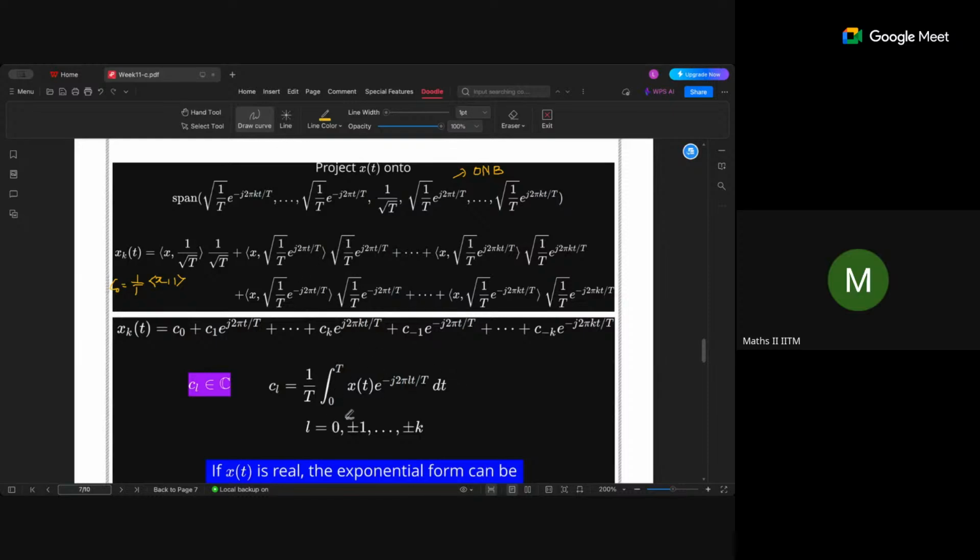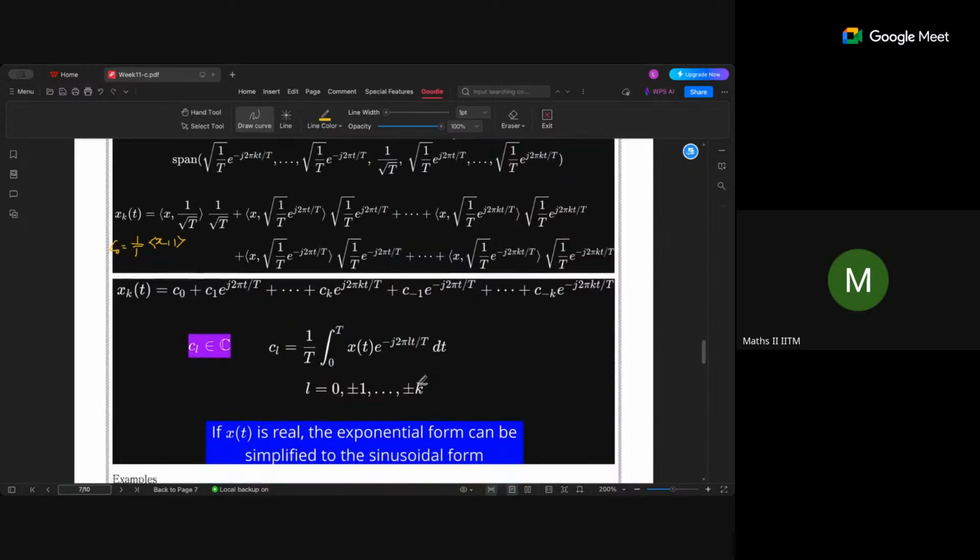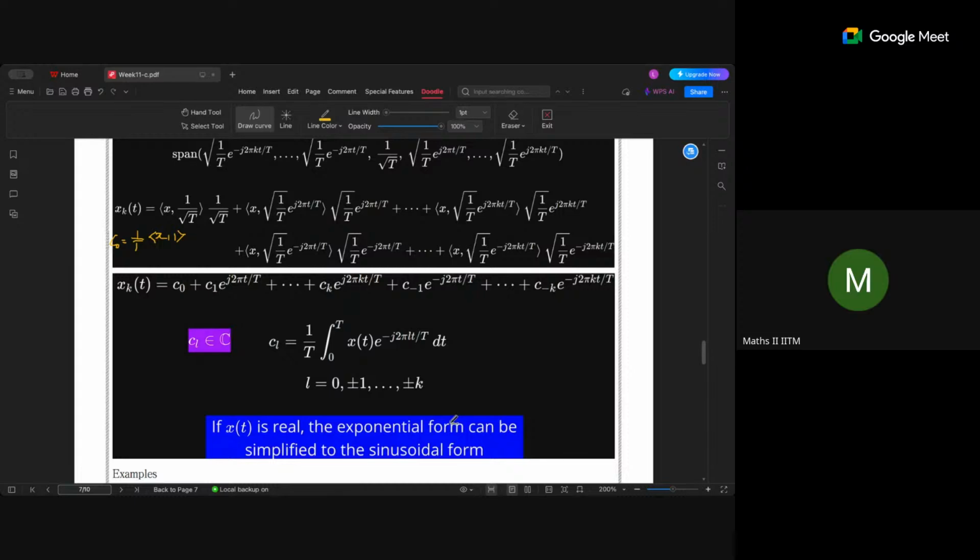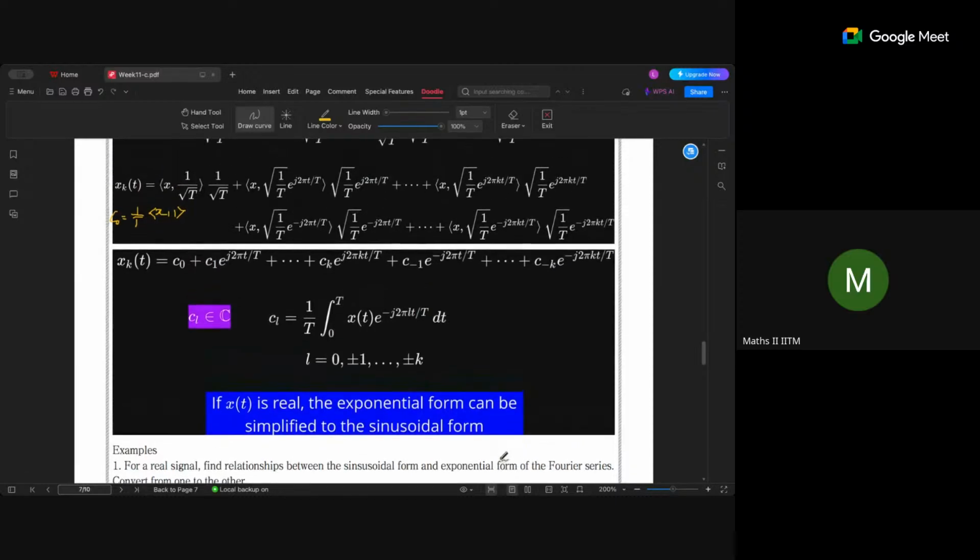Same way you can check it for any L, any integer you take, and you will get these as the coefficients. Here, if x of t is real, then the exponential form can be simply reduced to the sinusoidal form. I'll show you how to do that maybe in the upcoming exercise.